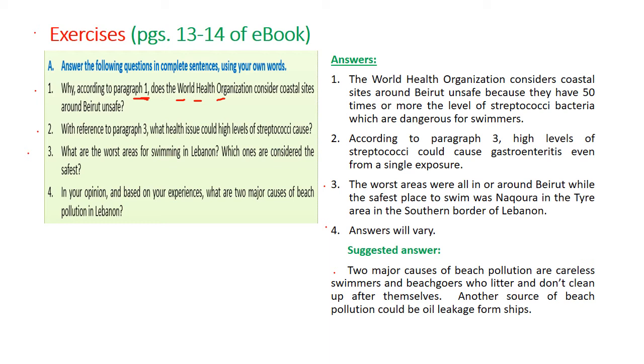I gave you a suggested answer. 2 major causes of beach pollution are careless swimmers and beachgoers who litter, meaning pollute, throw things around, and don't clean up after themselves. This is one. Another source of beach pollution could be oil leakage from ships. We've heard a lot of that recently. You can even say sewage water from homes and nearby industries. That would be perfectly good also. Next.